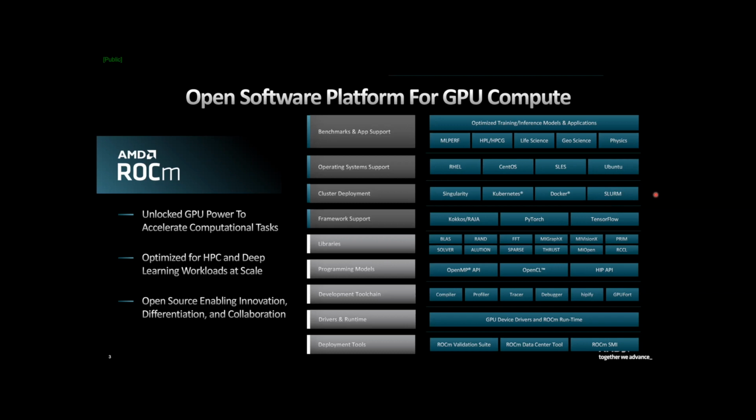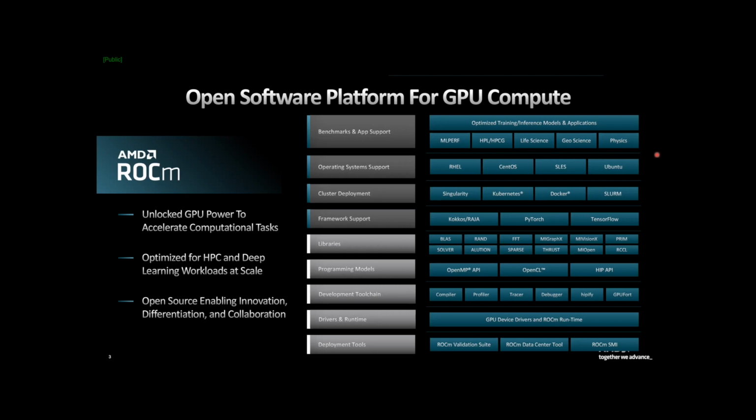About operating systems, as you can see, we support plenty. Usually we have SLES on the HPE systems, some desktops have Ubuntu, and of course there are some other systems. And there's benchmark and application support, like MLPerf, HPL, HPCG. I have to mention that we are one of, maybe the only vendor that has open source HPL, HPCG, and life science, geoscience, and physics.